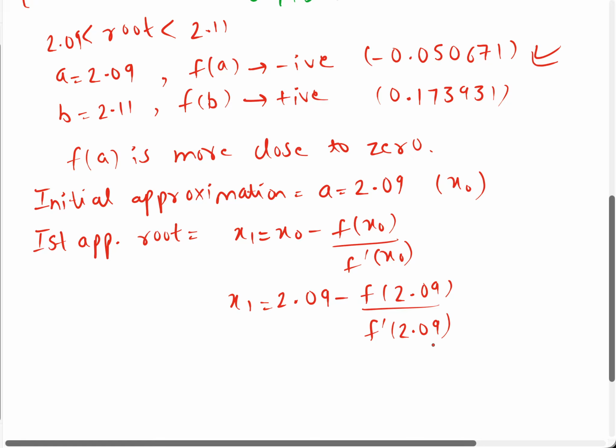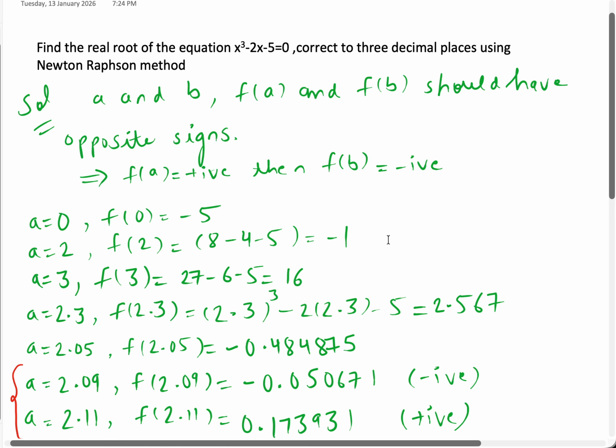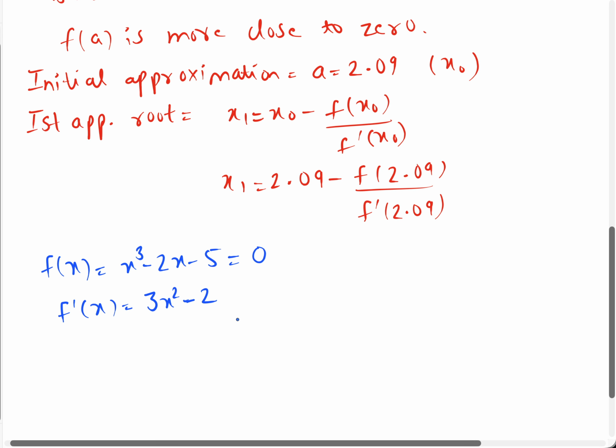We are given f(x) equals x cubed minus 2x minus 5 equals 0. So what will be f dash x? This will be 3x squared minus 2. Now we need to calculate x1 again.